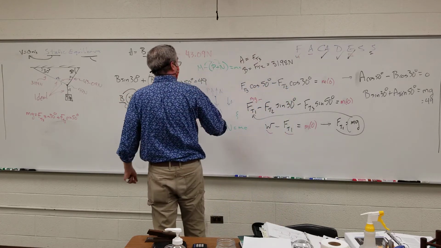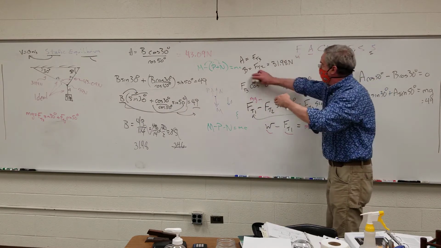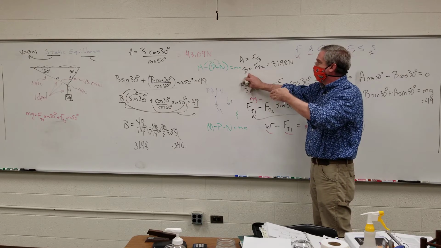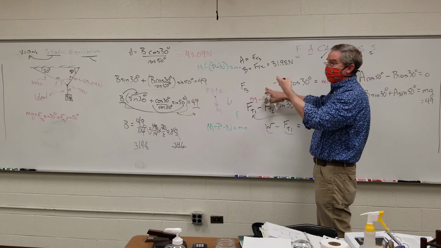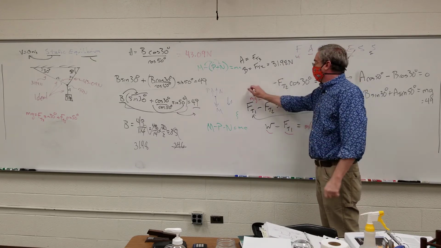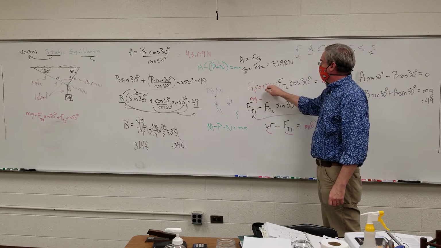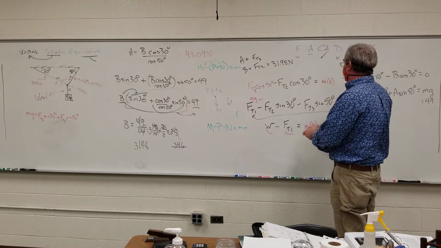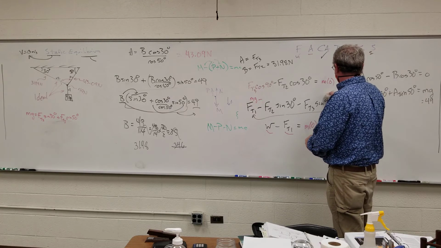Mathematically, let's say you don't see that. Rope 3 is straight up and down, so instead of cosine of 50 degrees, it'd be cosine of 90 degrees, and this becomes 90 degrees.